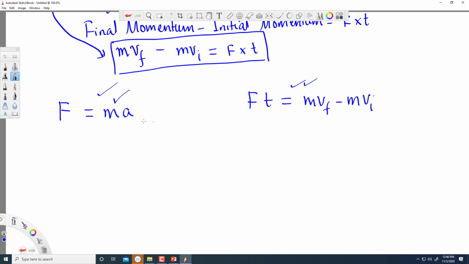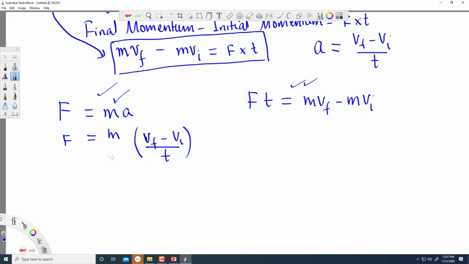If I write this, acceleration, it is the definition of acceleration. Acceleration is change in velocity over change in time. Okay, change in velocity is final velocity minus initial velocity over time, so that's final velocity minus initial velocity over time is equal to F. If I rearrange everything here, I get exactly the same equation.